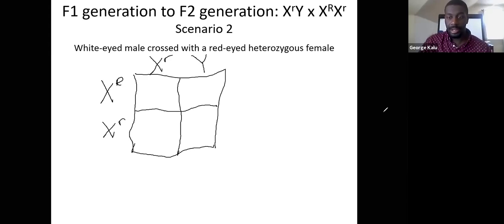Okay, good. I'm glad these examples are helping out. Now, in this first box, what would we end up getting? Right, X big R, X little r. In box number 2, what would we get here?